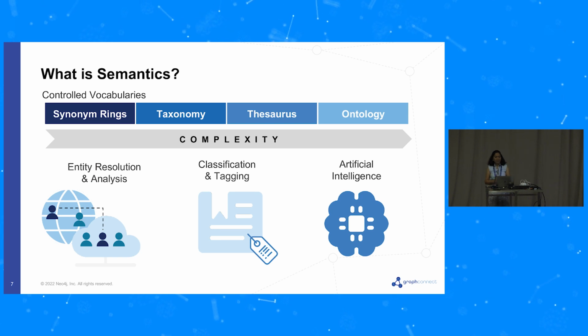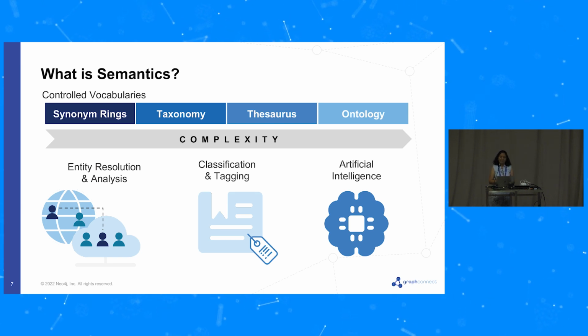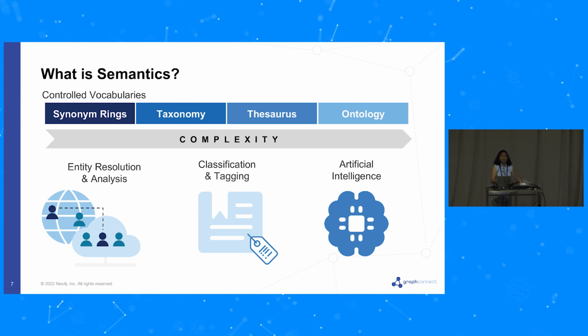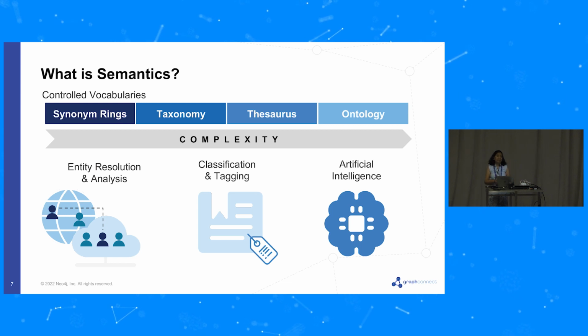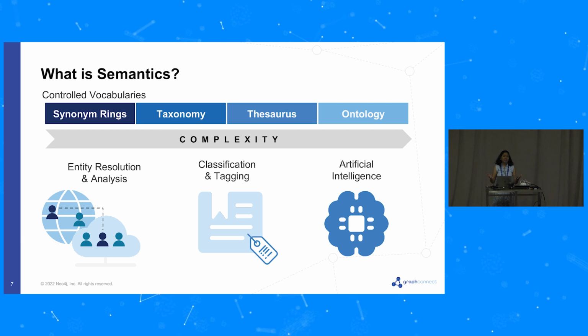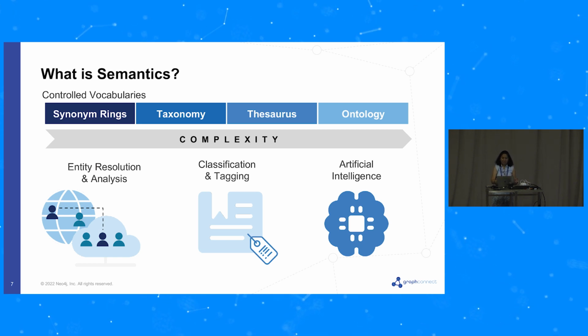Okay, and then last but not least, one last type of semantics is artificial intelligence. And of course, that covers everything from machine learning to deep learning, natural language processing, and natural language understanding. Okay, so I'm not going to go into any great detail about them right now.